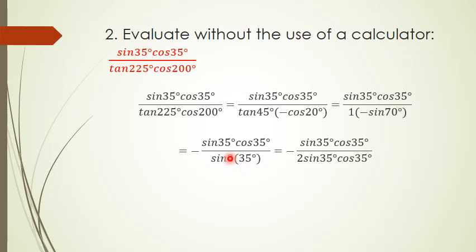Then apply double angle formula. That's going to be minus sine 35 cos 35 all over 2 sine 35 cos 35. And these will cancel, remaining with minus half as our answer.